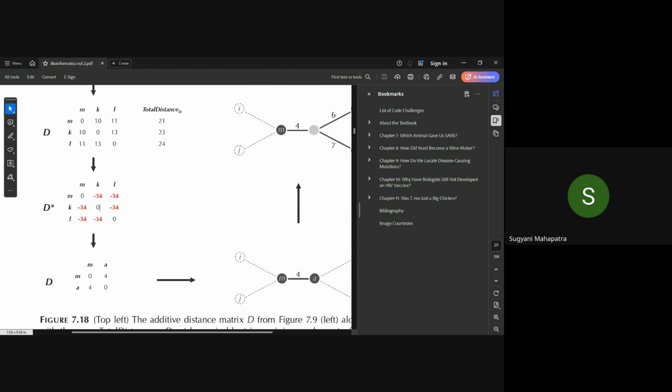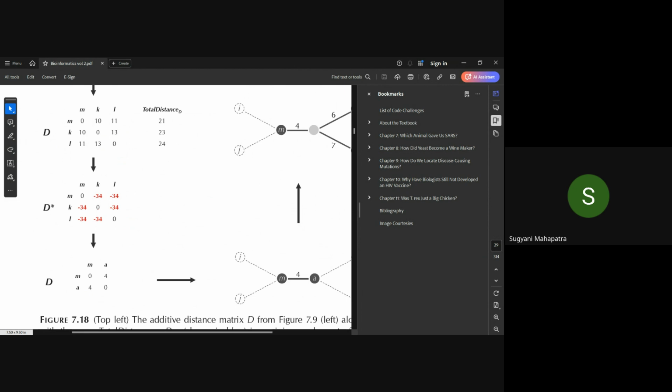They made a new node, joined K and L to it, named it A, and removed K and L from the matrix, both the rows and the columns. They added a new row and column for A and calculated the distance between M and A. Now there are only two nodes, so we just connect them.